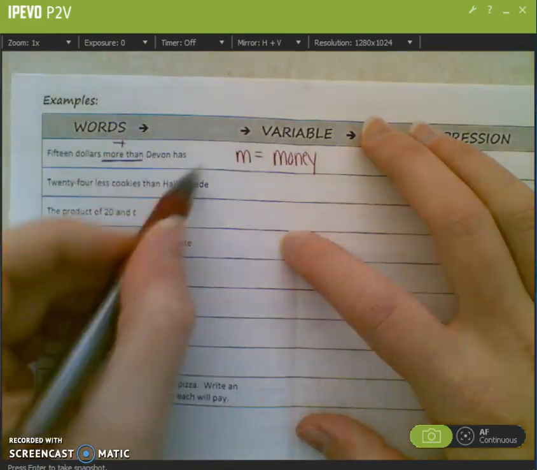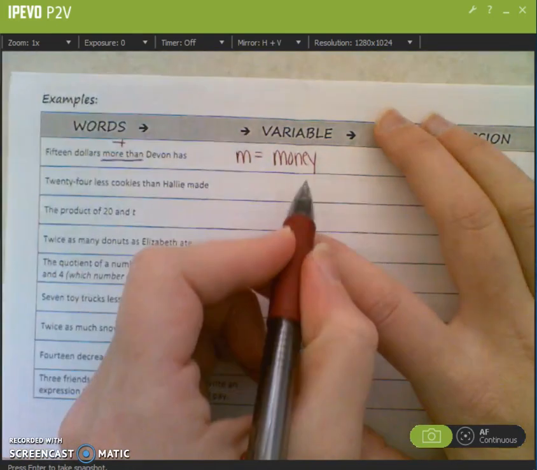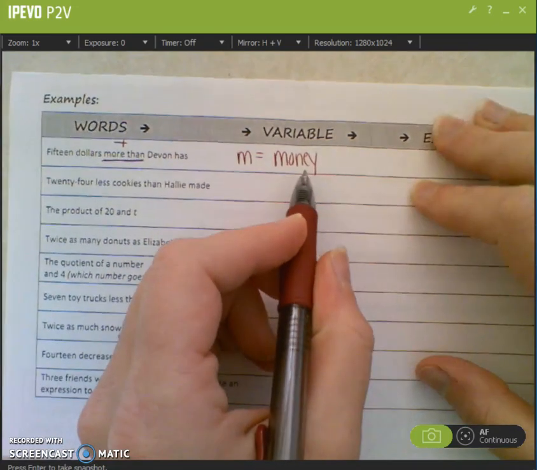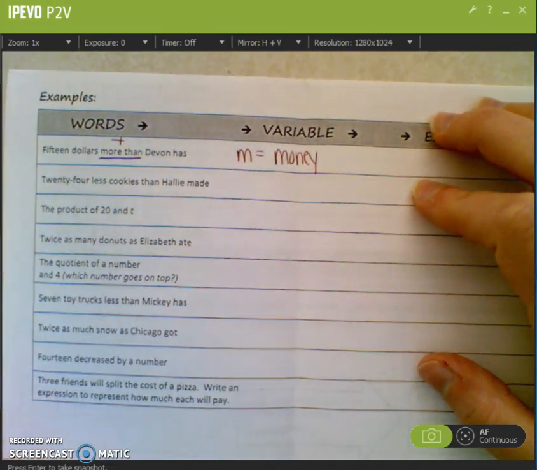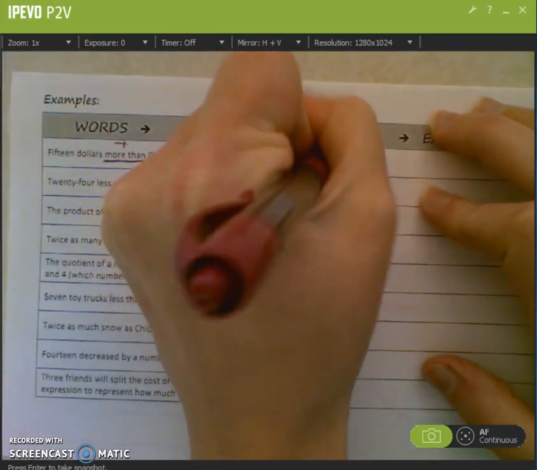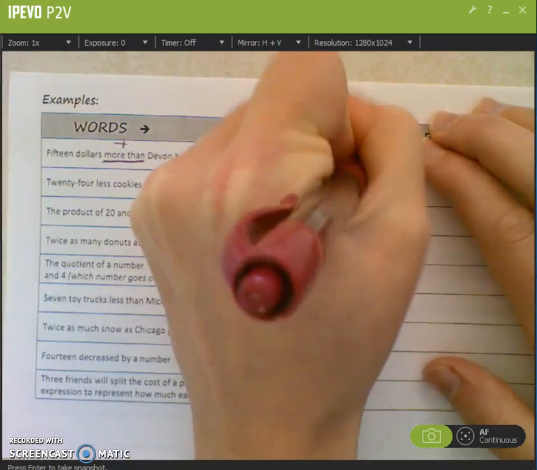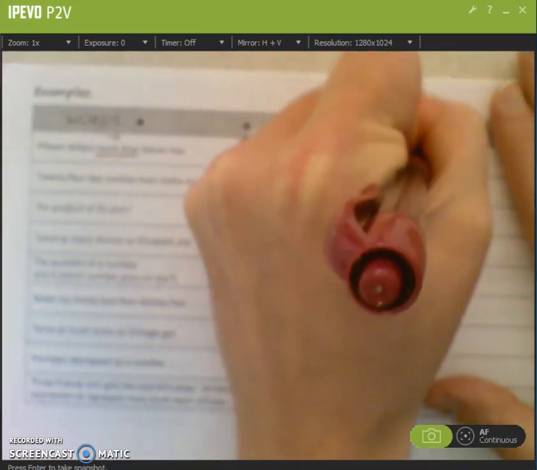If it's $15 more than Devin has, what we don't know is how much money Devin has. So our variable isn't just money, but we need to elaborate on whose money or which money. It's the money that Devin has.